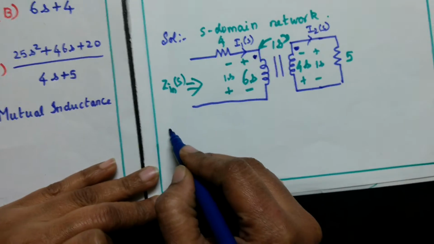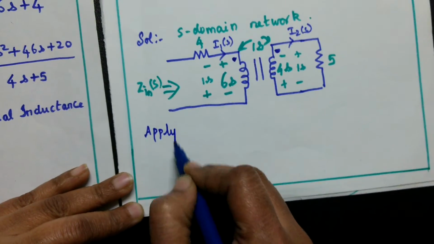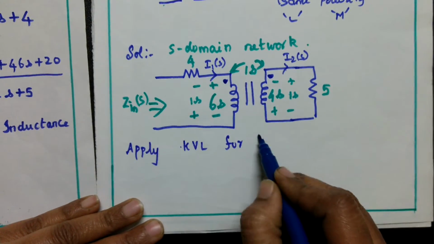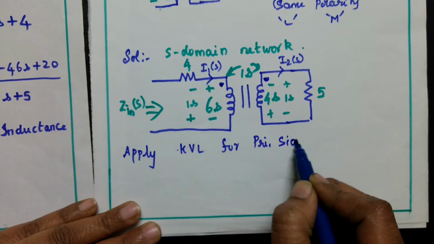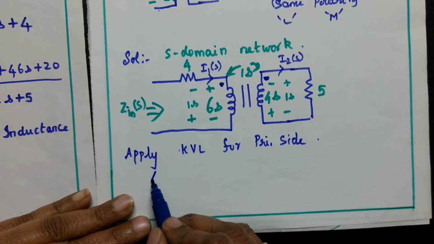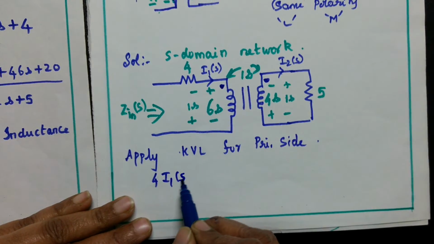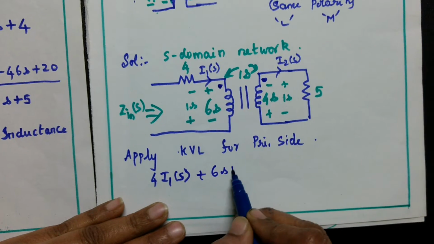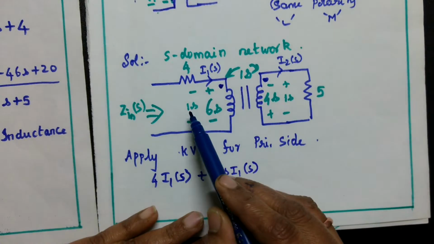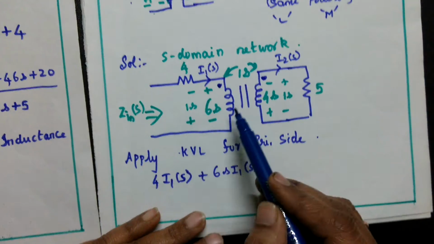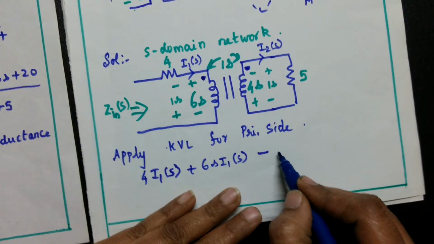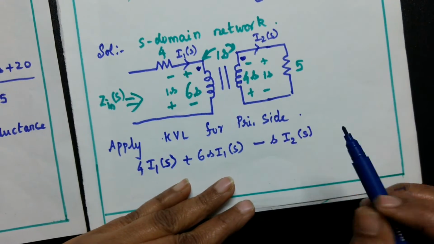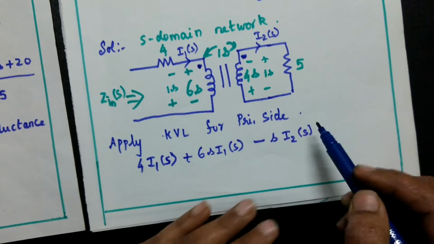So let me apply Kirchhoff's voltage law for the primary side. So resistance 4 I1 of S plus 6s into I1 of S minus, because mutual inductance is of opposite polarity, so minus S I2 of S, because flux in the coil 1 is induced due to the secondary current.